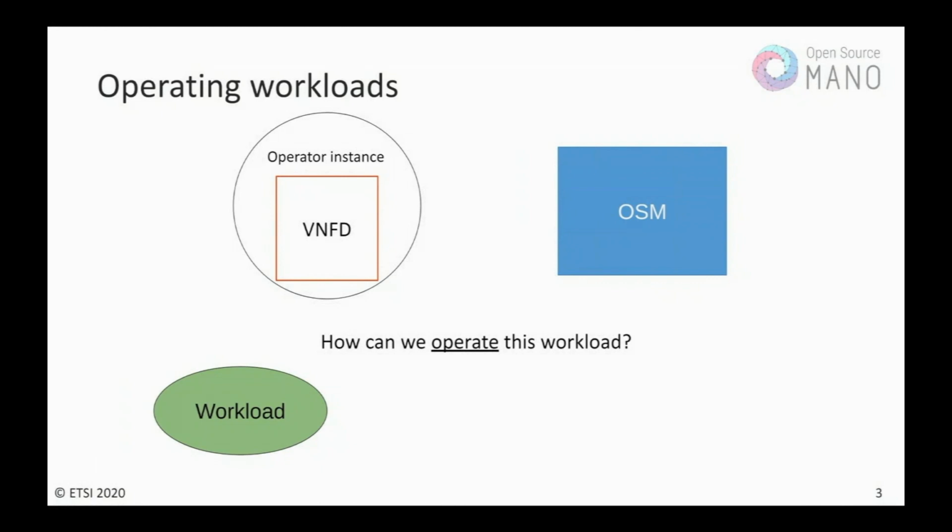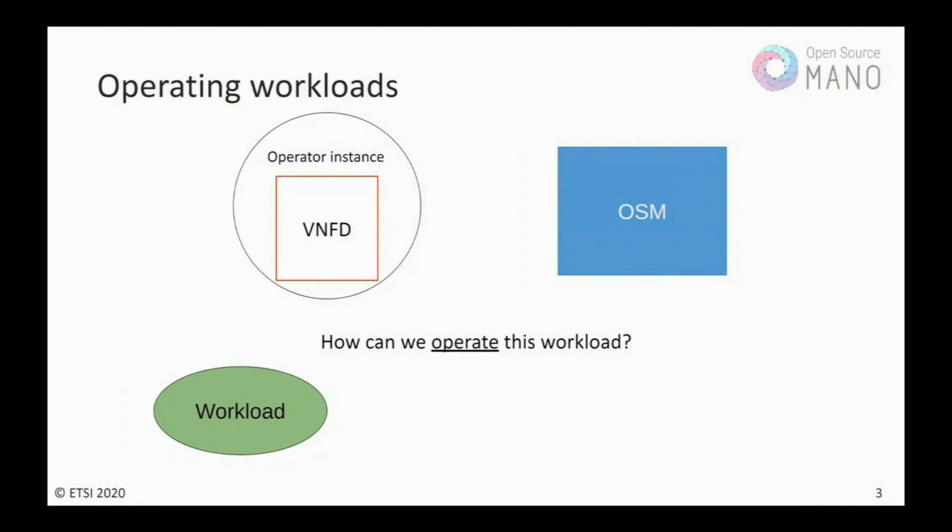So we need a third space. We need a container, could be a virtual machine, could be a container. We need a space to run code that is specific to that workload, the operations code for that workload, the sort of operator instance effectively of that workload.